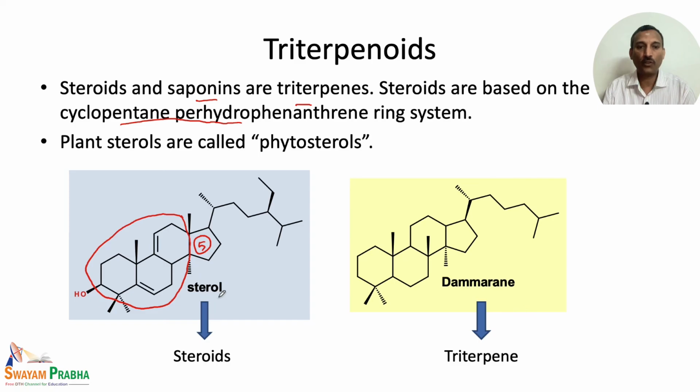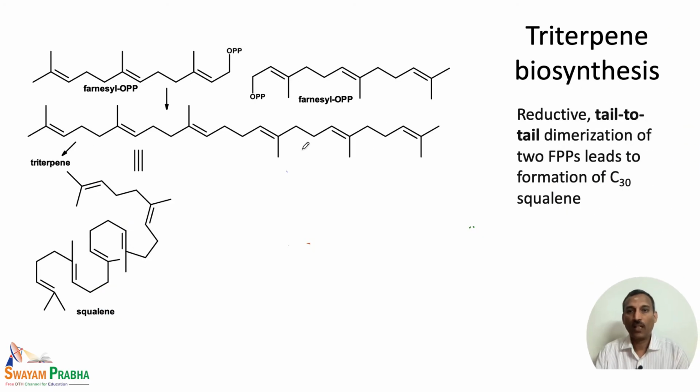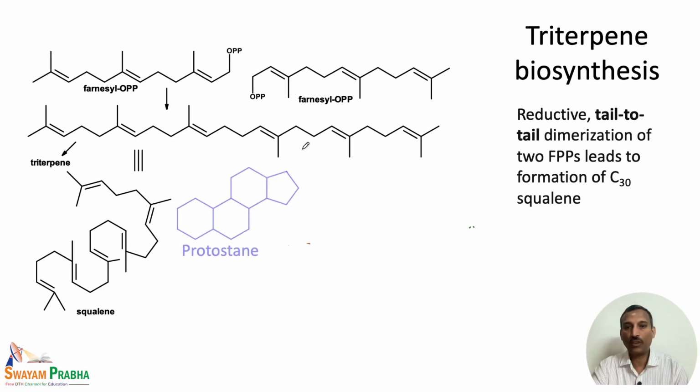From this sterol various steroidal compounds are produced biosynthetically, and the dammarane skeleton is shown here. From this various triterpenes are produced, and when the plant produces the sterols, they are called phytosterols.